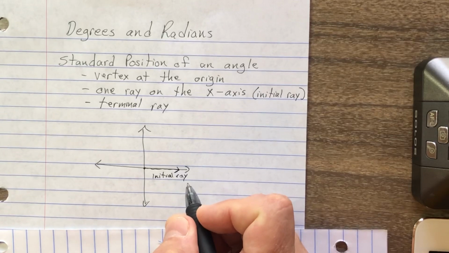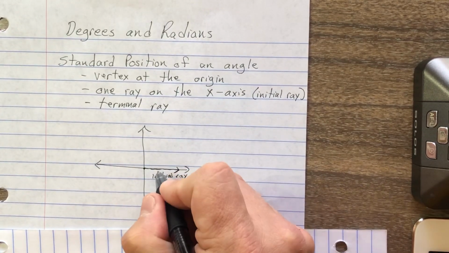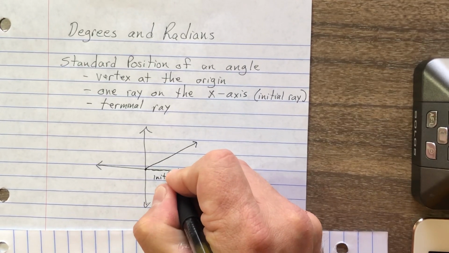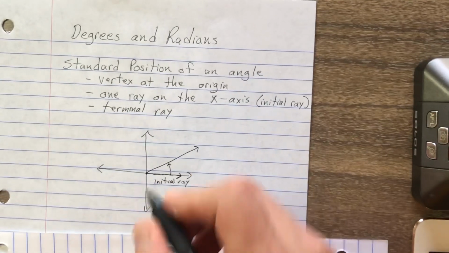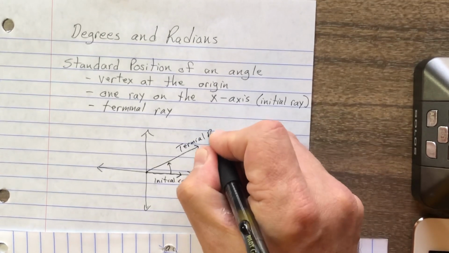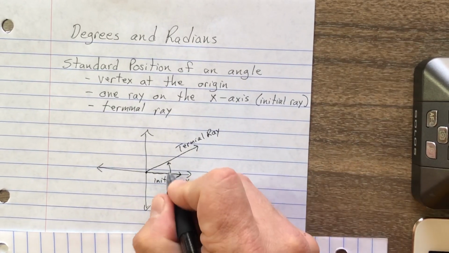And then the terminal ray comes off of that, going in a counterclockwise direction, and this one is called the terminal ray. And this is the angle right here.